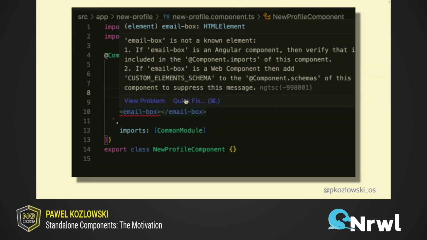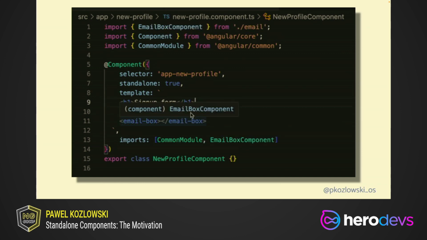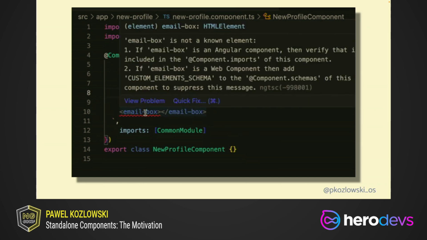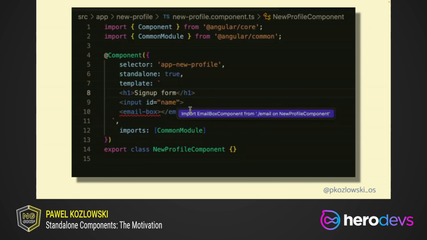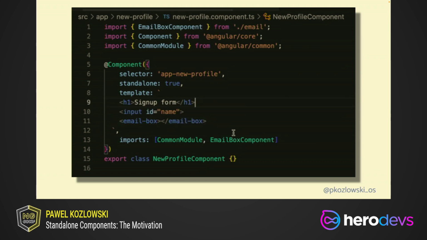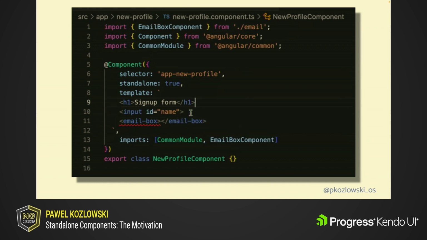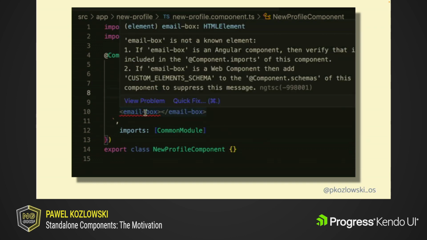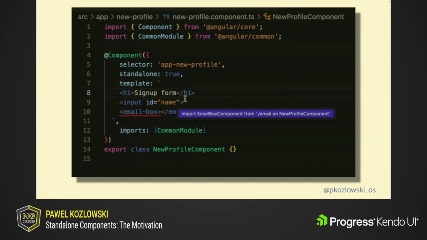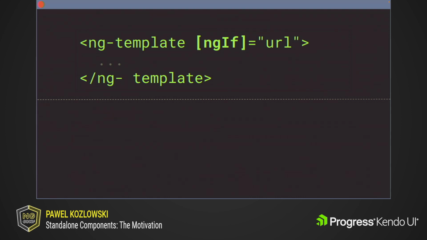Part of the solution might be tooling. I mentioned that we're working on the language service that will help with importing standalone components. We hope to have it in v15, and it will add the imports both to the imports array and the JavaScript imports. So this will help with the mechanics of importing. But maybe there are other possibilities. We can look at the control flow directives and maybe make them special, maybe make them always available.